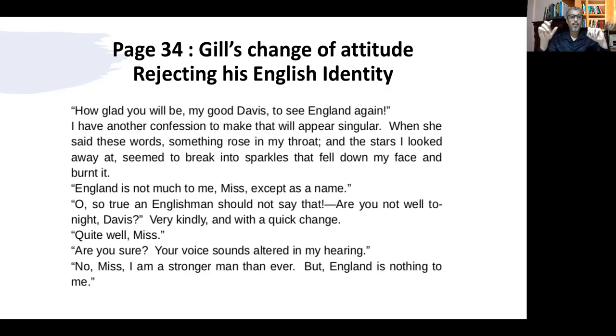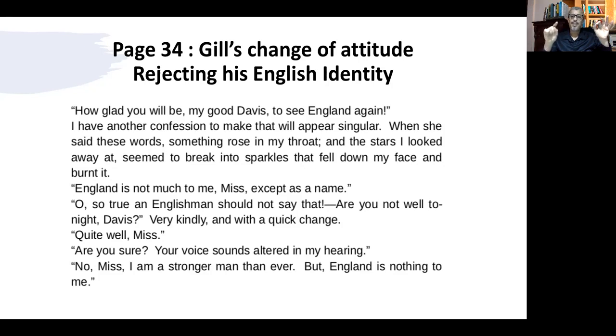"And the stars I looked away at seemed to break into sparkles that fell down my face and burned it. England is not much to me, miss, except a name." This is a very good passage. Very, very good passage. Very interesting and very important passage. "England is not much to me, miss, except a name."